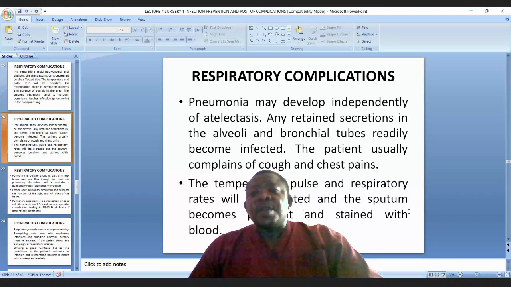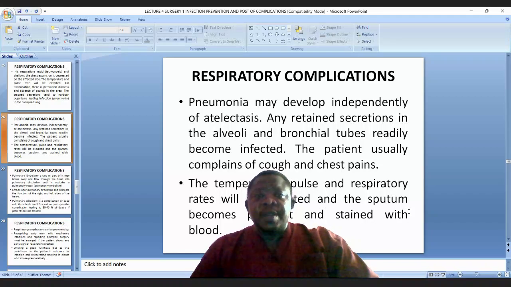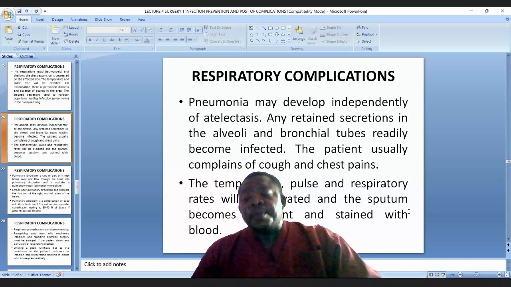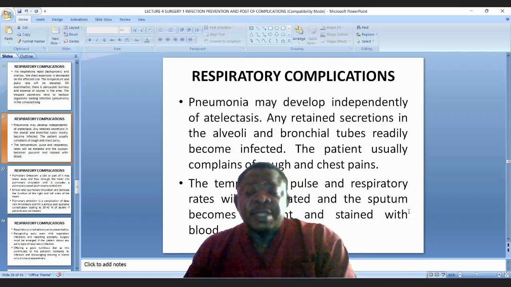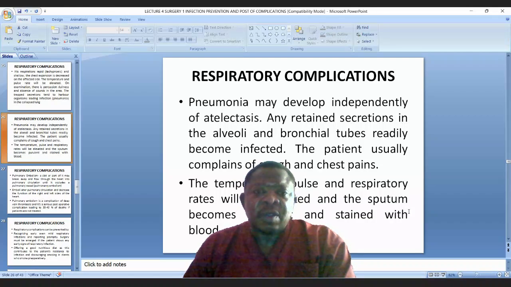If the patient postoperatively is in bed for a long time, it reduces lung expansion, leading to stasis of secretions, and those secretions become a source of infection. So the patient may suffer from hypostatic pneumonia. The temperature, pulse, and respiratory rates will also be elevated, and the sputum will become purulent and stained with blood because of stasis of secretions.